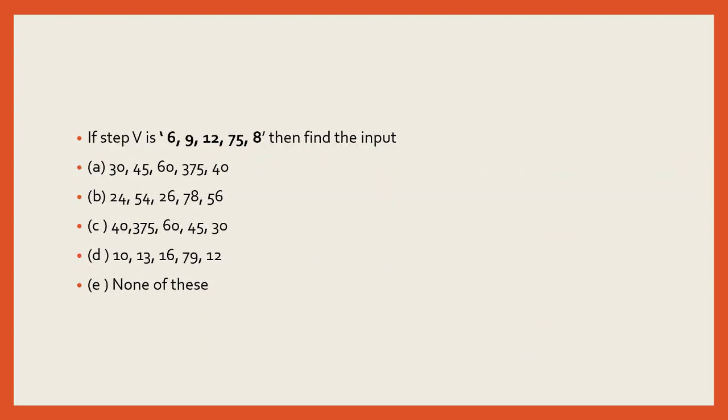So from step 5 we have to recreate the input. What we have seen in the example is that if an input number was x, then in step 5 the corresponding number was x by 5.